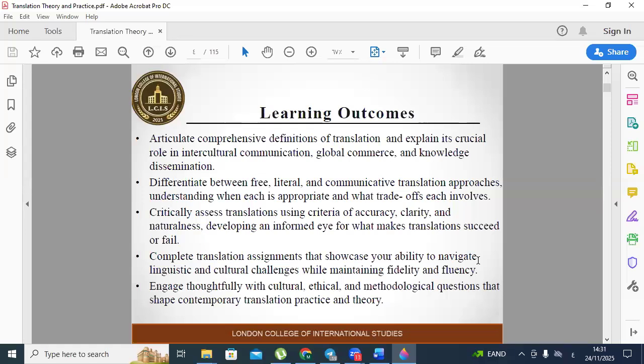Critically assess translations using criteria of accuracy, clarity, and naturalness, developing an informed eye for what makes translations succeed. Complete translation assignments that showcase your ability to navigate linguistic and cultural challenges while maintaining fidelity and fluency. Engage thoughtfully with cultural, ethical, and methodological questions that shape contemporary translation practice and theory.